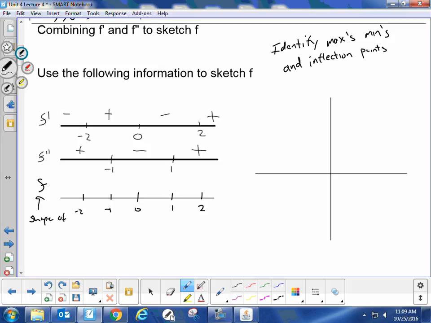Now, knowing that f prime being negative tells me that f is decreasing, and knowing that f double prime being positive means f is concave up, I know that the first piece of my function from -infinity to -2 will be decreasing concave up. That looks like this.